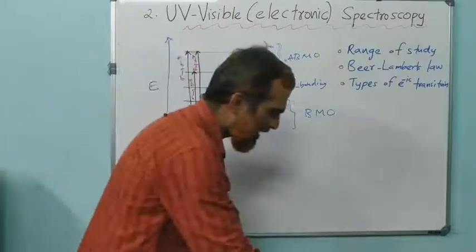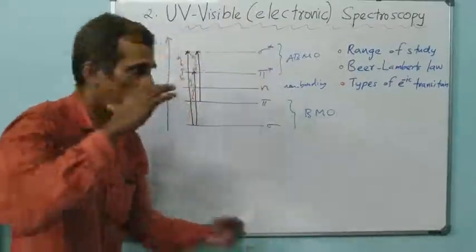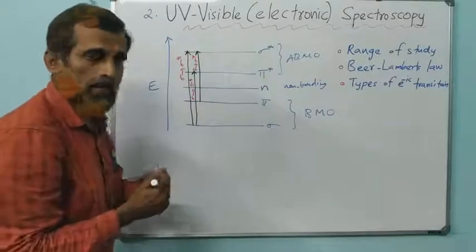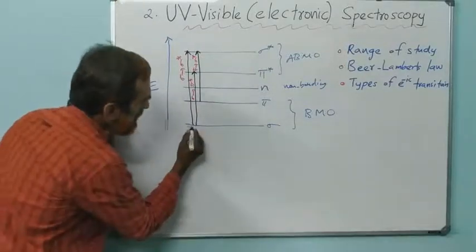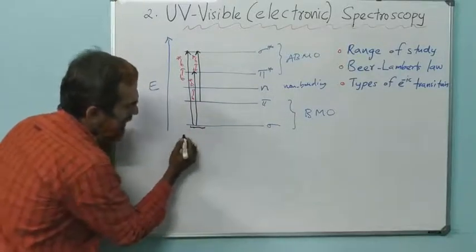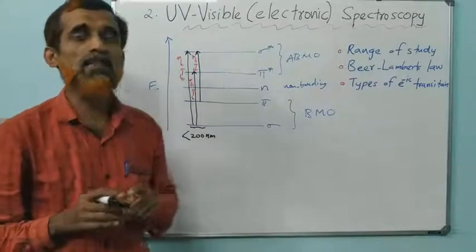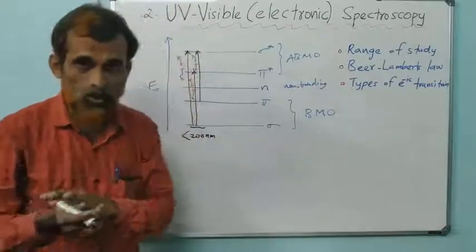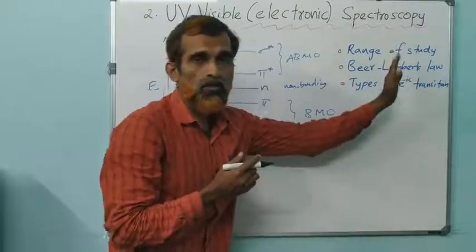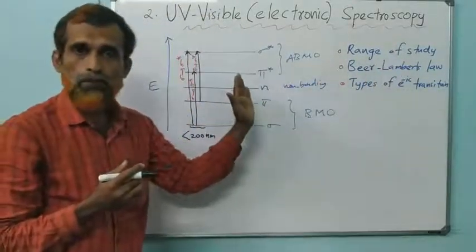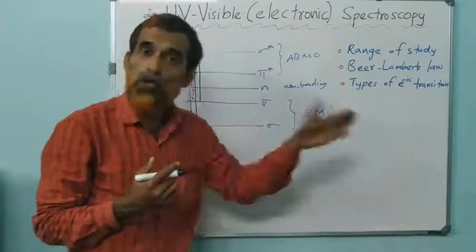These are all having comparatively high energy, and that comes in below 200 nanometers. Remember, lower the wavelength, greater the energy. So in the UV visible range, the part of the radiation having maximum energy is below 200.